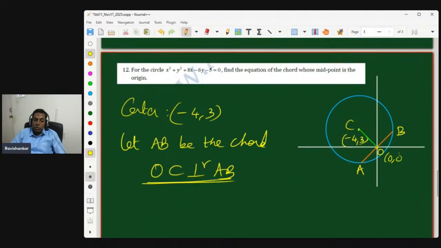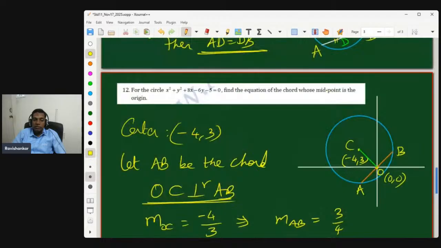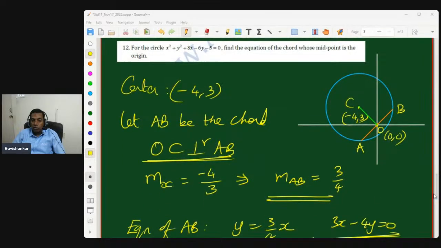Now O is (0, 0), so the slope of OC is -3/4, which means the slope of AB is 4/3. Sorry, the center is (-4, 3), so the slope of OC is -3/4, and therefore the slope of AB is 4/3. My bad. AB is a line passing through the origin, so it is of the form y equals mx.